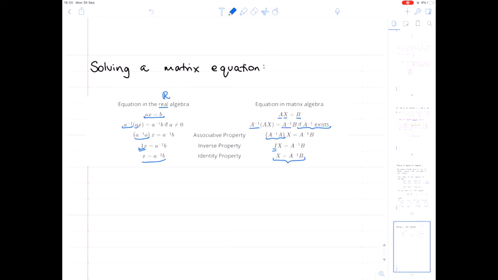The only thing to note here is that this does not always have a solution in the matrix form. Even if you have square matrices and everything has the right dimensions, you might not always be able to find a solution. Whereas in the real case, so long as your A is not equal to 0, you can always find a solution.